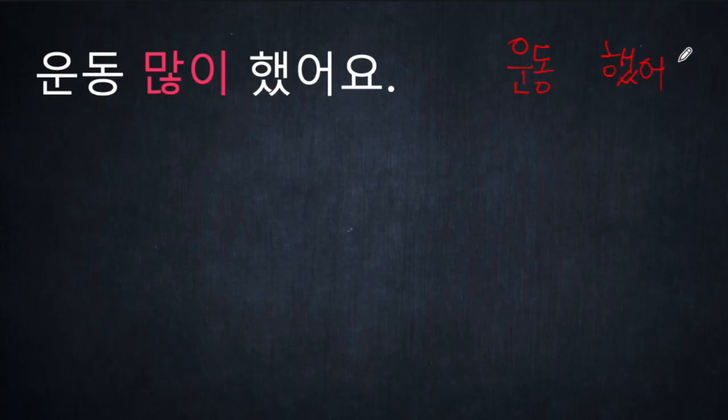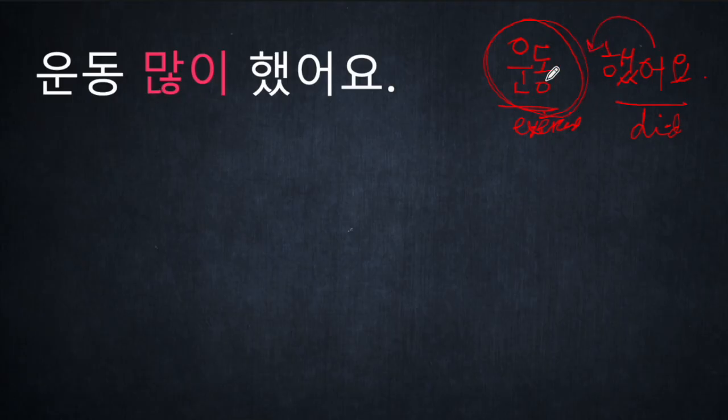It's a kind of like verb phrase. 했어요 is the word, like the verb, like did or do. And then this is exercise or workout, okay, or sports. So in a sense, that is an object already. Okay, I did 운동. So you have to put the adverb in front of the verb.